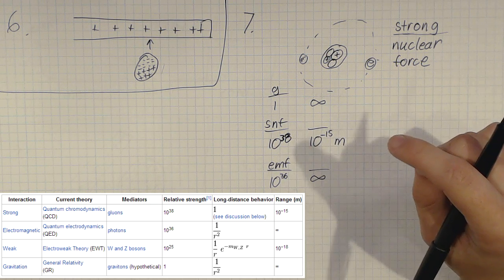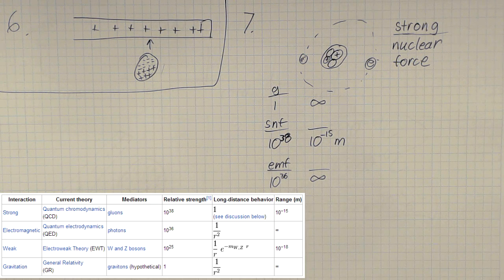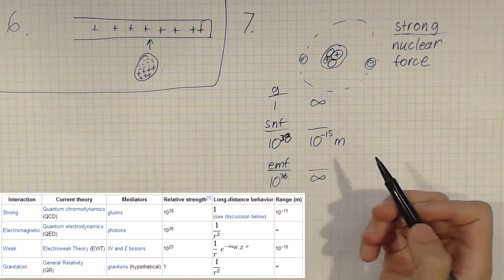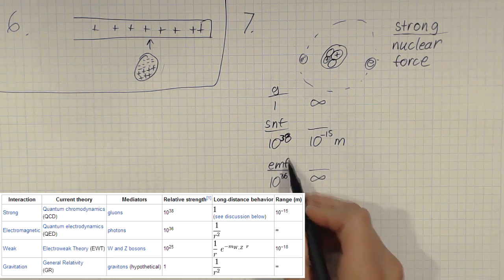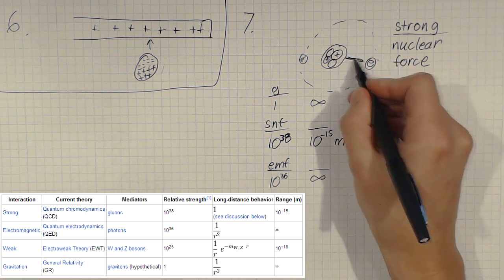So, back to the original question, which I'm going to reread because you've probably forgotten it by now. The question says, explain from an atomic viewpoint why charge is usually transferred by electrons. Now, the reason for this is because electrons are held to the nucleus by the electromagnetic force, and they're much further away from the nucleus.